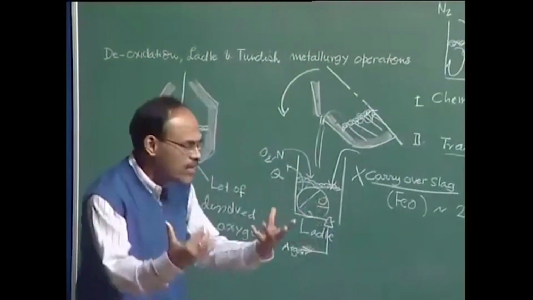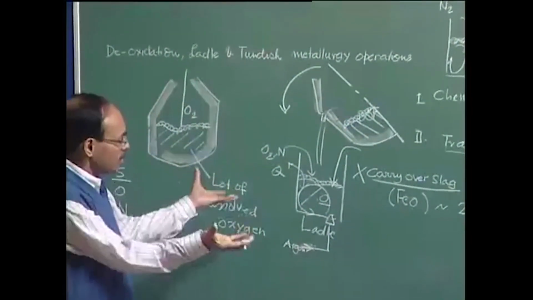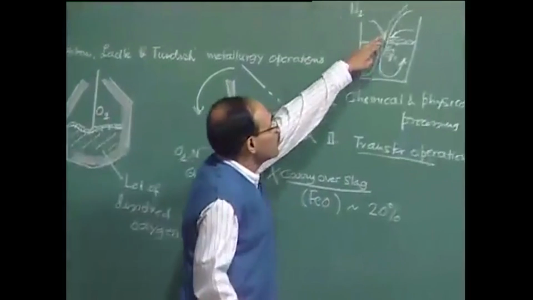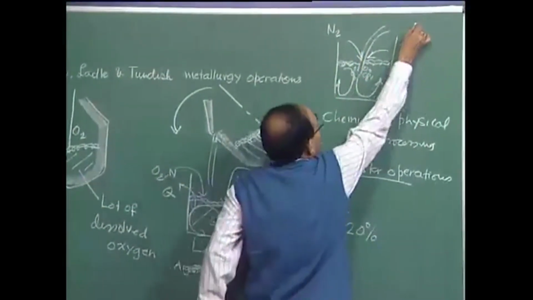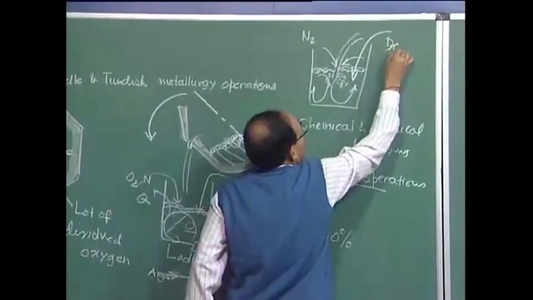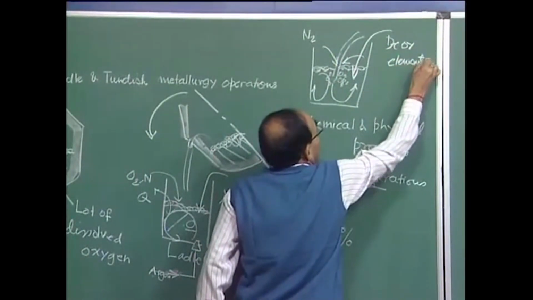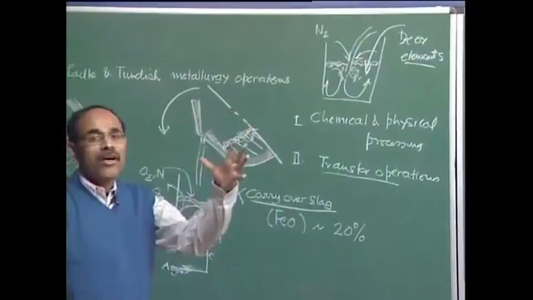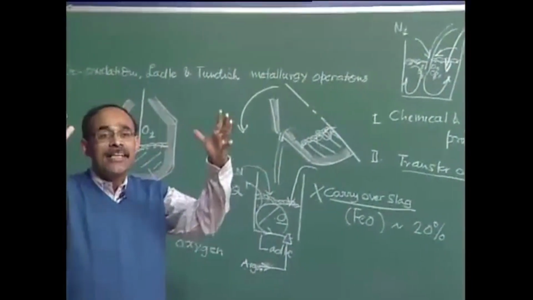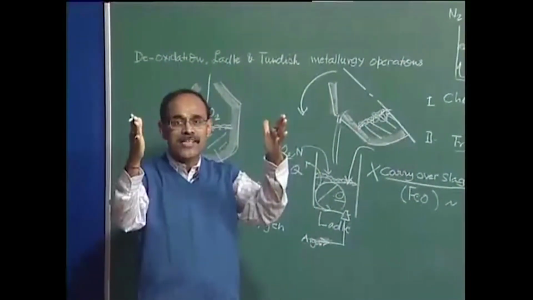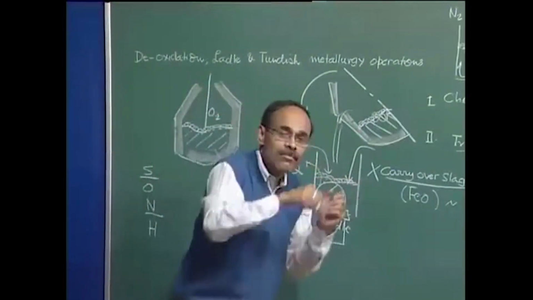So what we can do is, as the ladle is being filled up with a stream, we can drop deoxidizer elements in bulk form. You can go to the steel plant and see that aluminum bars of these sizes are poured into the molten steel.